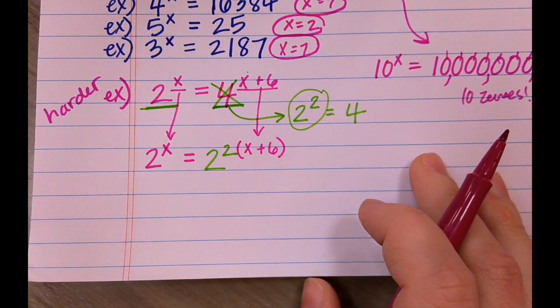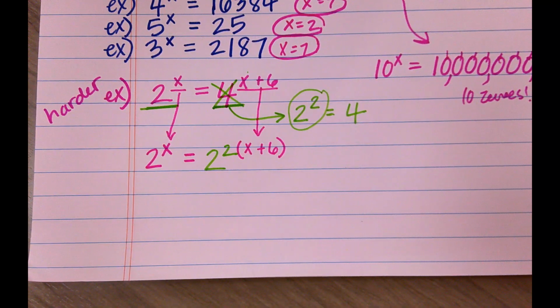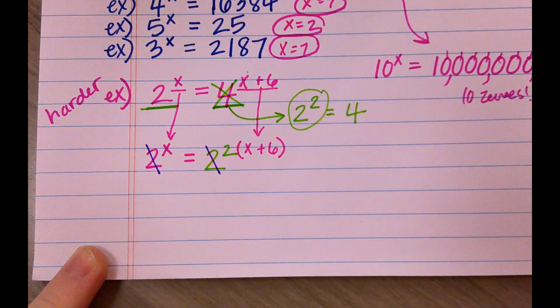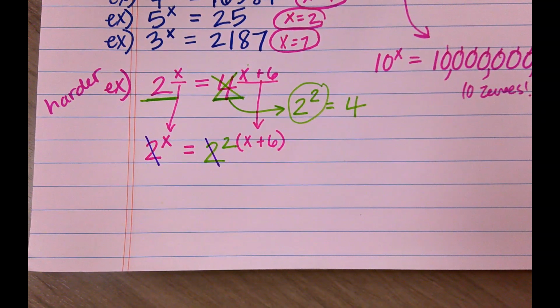Now, I've rewritten my equation with my matching bases. I brought everything down. What does it say to do after I've brought everything down? Get the bases once they match and cancel them out. Yes, we're still going to cancel our matching bases. So what I'm going to do is cross out my 2's. And now what comes down?